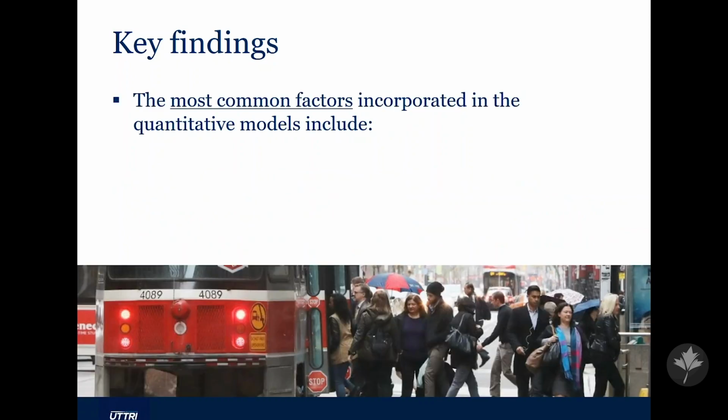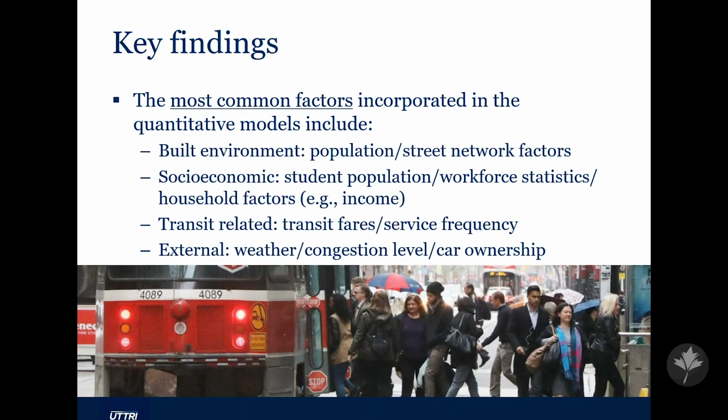And the most common factors that we found transit agencies use whenever they estimate quantitative models, again, in those 4 categories: in the built environment, population has been used as a determinant of ridership, also some street network factors. With respect to socioeconomic factors, student population was used as an explanatory factor, as well as workforce statistics, and household factors such as income.